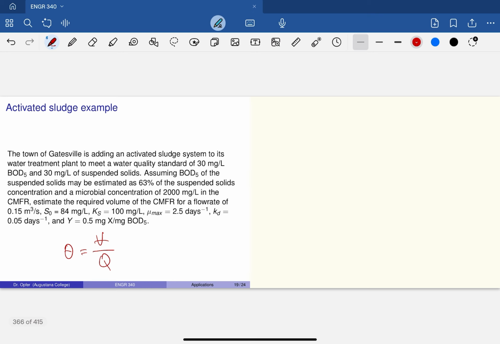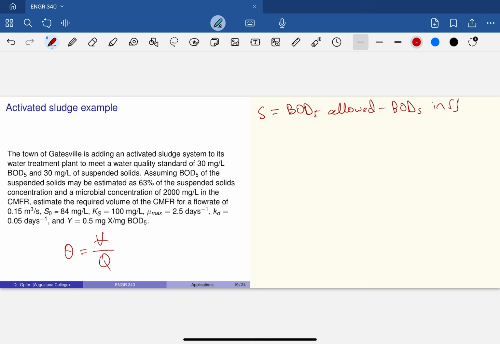Okay. So before we get into all that, the first thing we need to know is that the total water quality standard that we need to meet is 30 milligrams per liter of BOD5. That means that our soluble BOD concentration has to be the total allowed minus the amount in suspended solids.